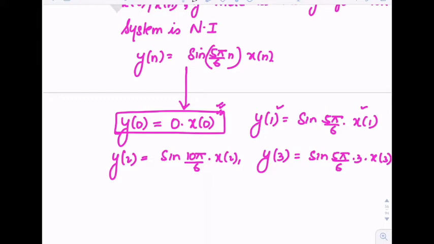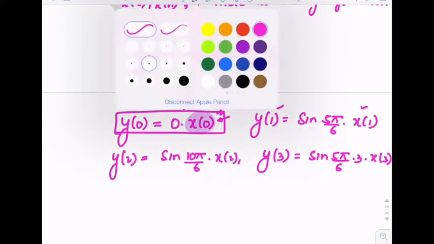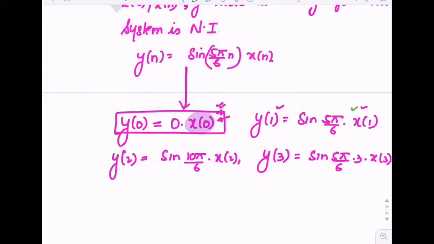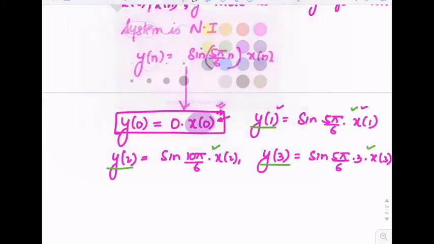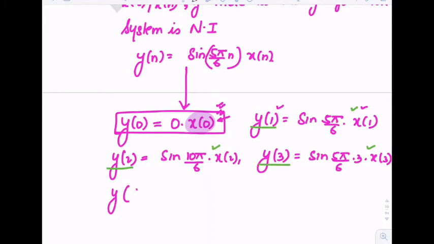So x[0] information is lost. That is, if we try to recover x[n], we will never be able to find the value of x[0]. Okay, so this is lost. We can get x[1], x[2], x[3] from y[1], y[2] and y[3]. Similarly, if you look at y[6], that will be equal to sin(5π) times x[6].